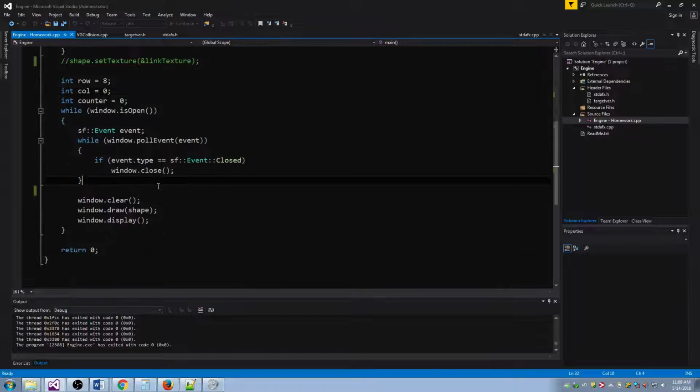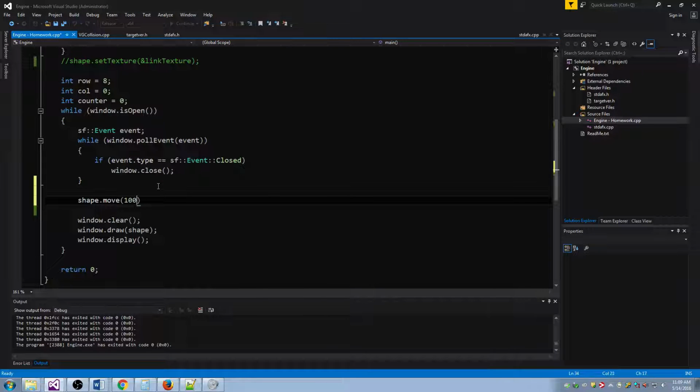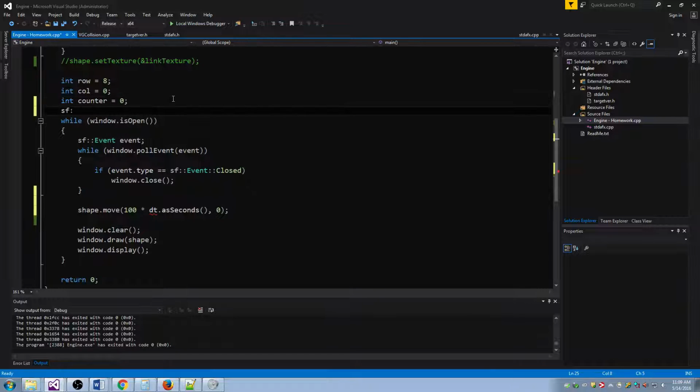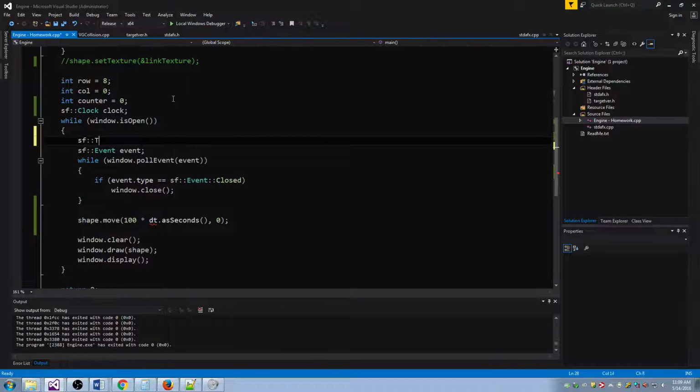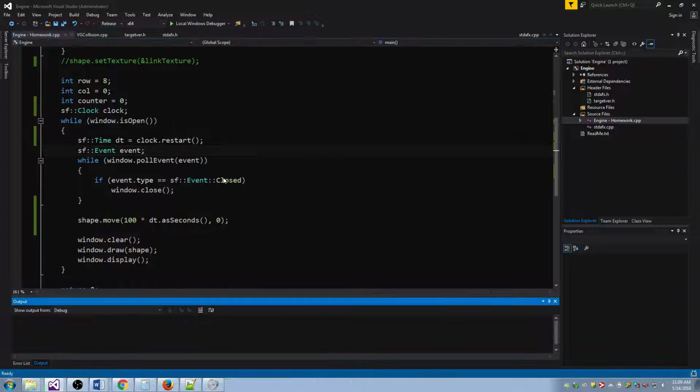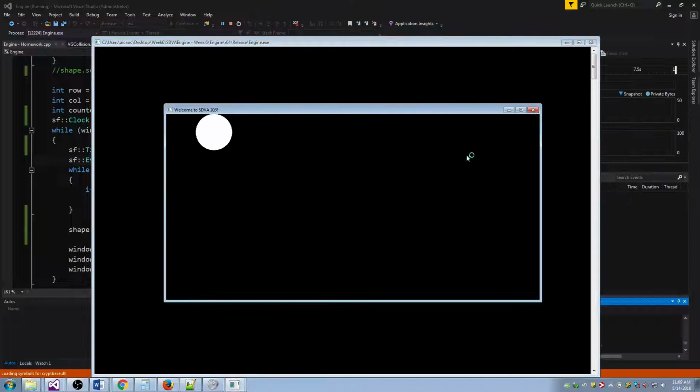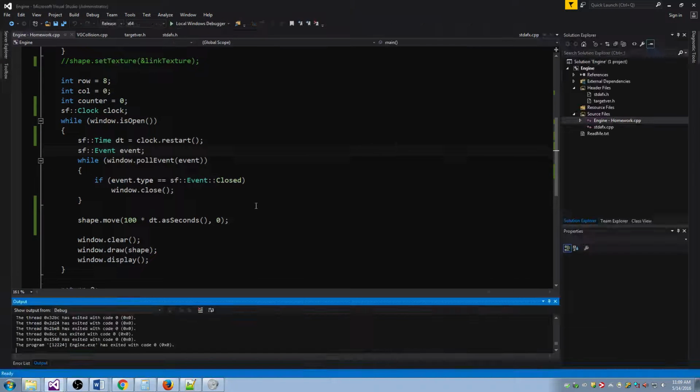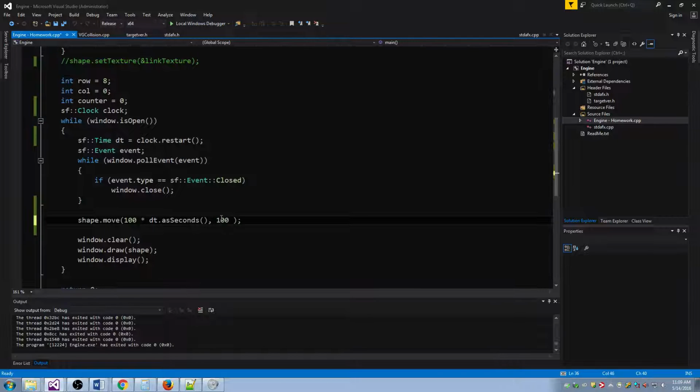If you do shape.move 100, and then you multiply that by dt.asSeconds, that'll give you 100 pixels moving to the right. Okay, so this will make it so that the ball moves 100 pixels to the right per second. Cool. You can also make it move 100 pixels down per second.